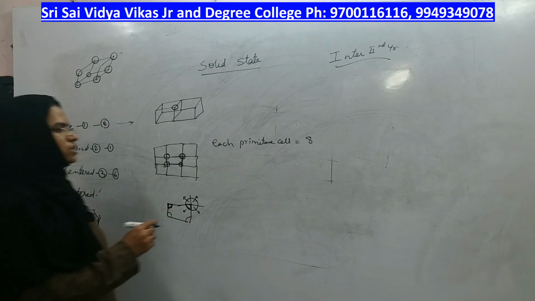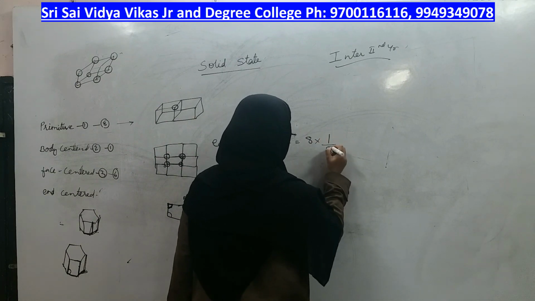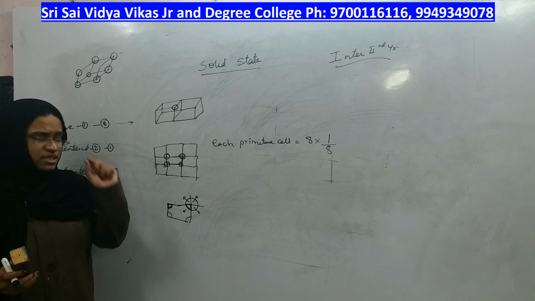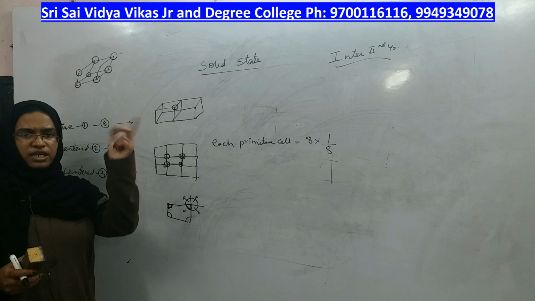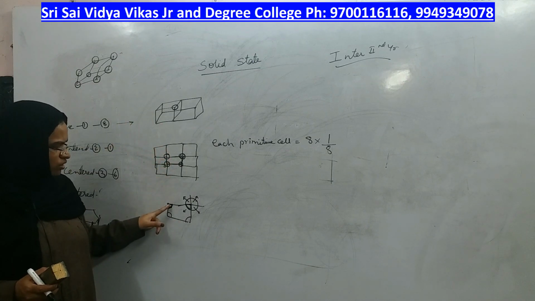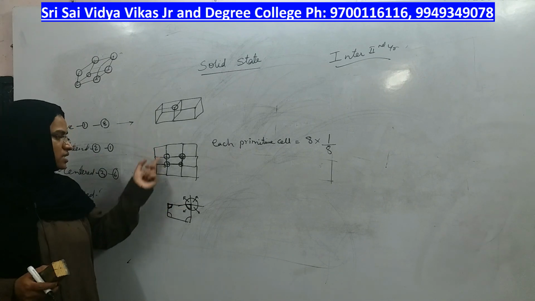Like that, total 8 sides. Out of the total atom, 1/8 part of the atom only comes into this box, the remaining part goes to the other boxes, right? For this box only 1/8 part of the atom is coming, the remaining parts are going to the next cells, right?